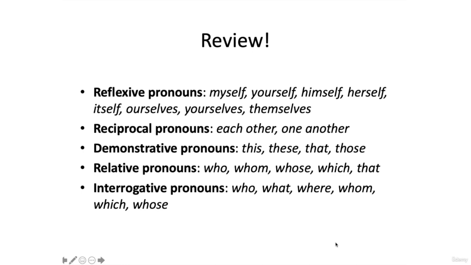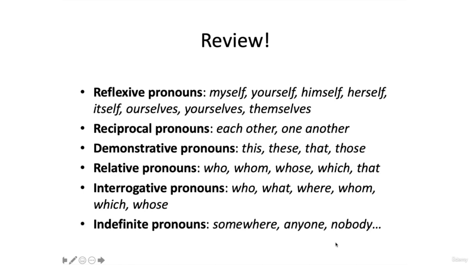We use them at the beginning of a question. The indefinite pronouns are somewhere, someone, anyone, no one, nobody, etc. They are used to refer to non-specific people or things.